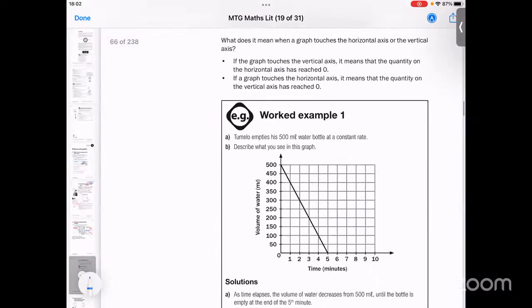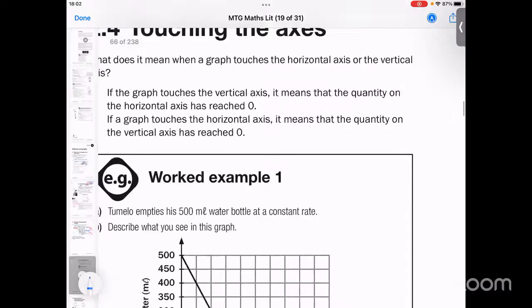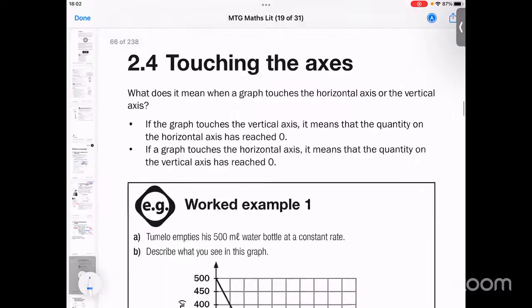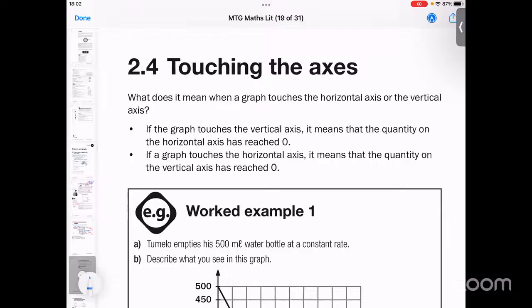So maybe let's have a look at this example. It's actually a worked example, so that means it has the questions and the answers. So let's see. Touching the axis. What does it mean when a graph touches the horizontal axis or the vertical axis? I think this is a good question to ask yourself.